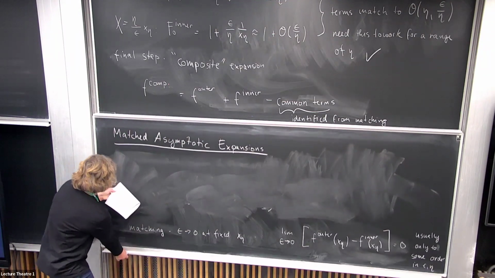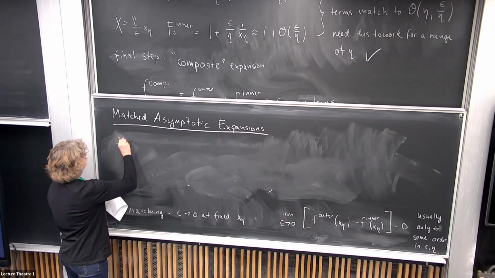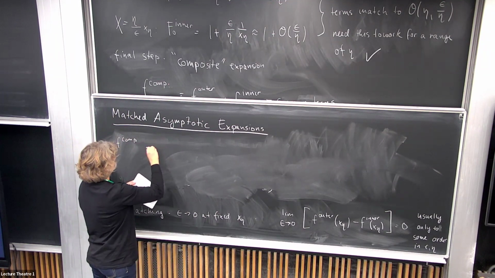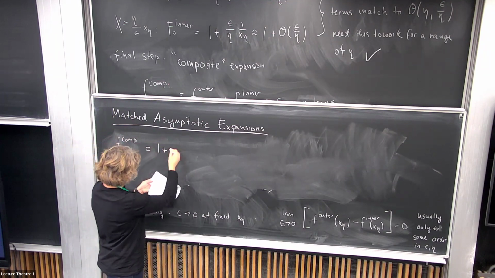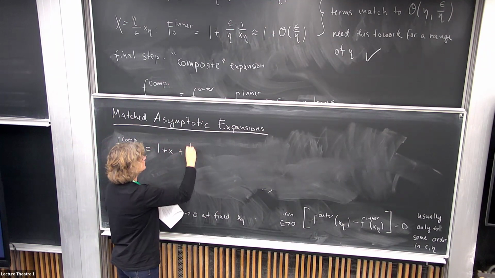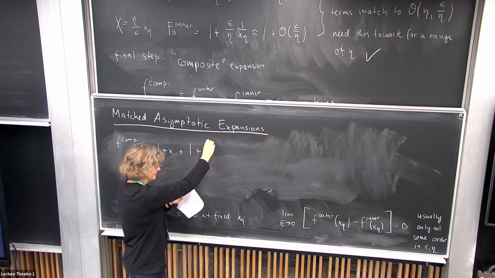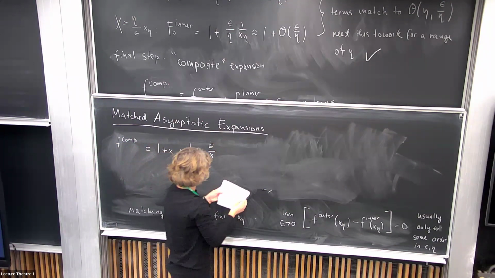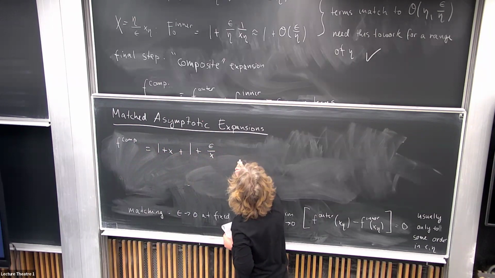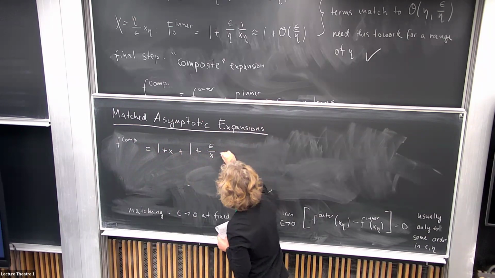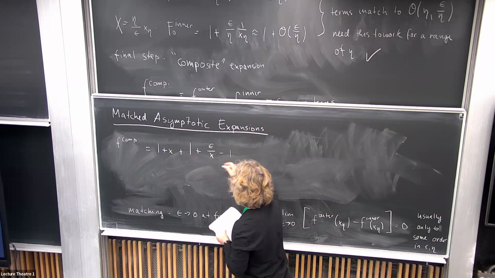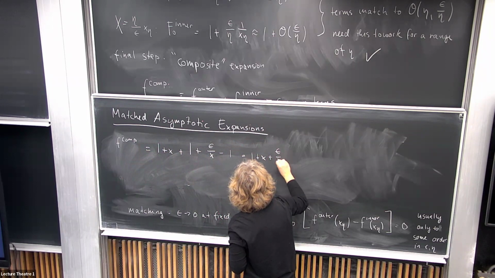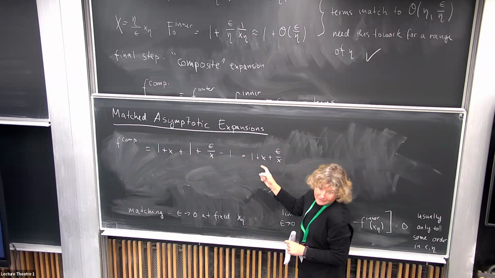So we take the outer solution, which was just 1 plus x, and the inner solution, which was 1 plus 1 over big X, which is epsilon over x. And then the common term that we saw in the matching was 1.